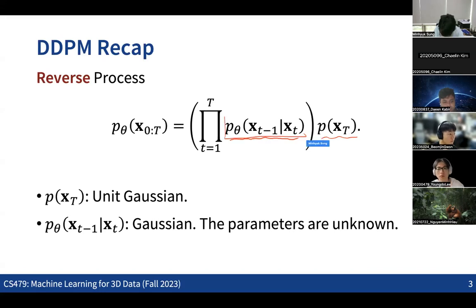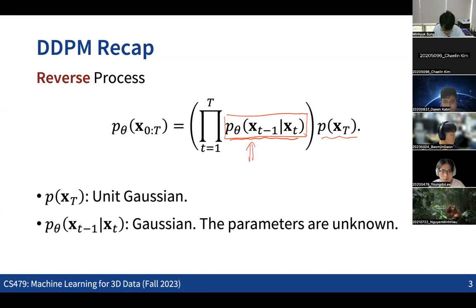The goal is, given the fixed forward process, how we estimate the parameters for the transition of the reverse process. That's the goal in the neural net training, so that's what we are going to do.